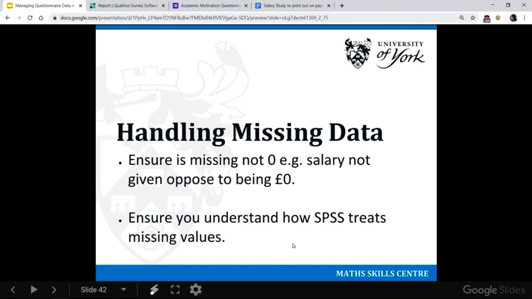And then make sure you understand how SPSS is treating the missing values, whether it's including them in the analysis or not. It does various things depending on the analysis you're doing. It's a good idea if you know roughly how big your sample size is, and then you can keep an eye on it when you do your analyses.